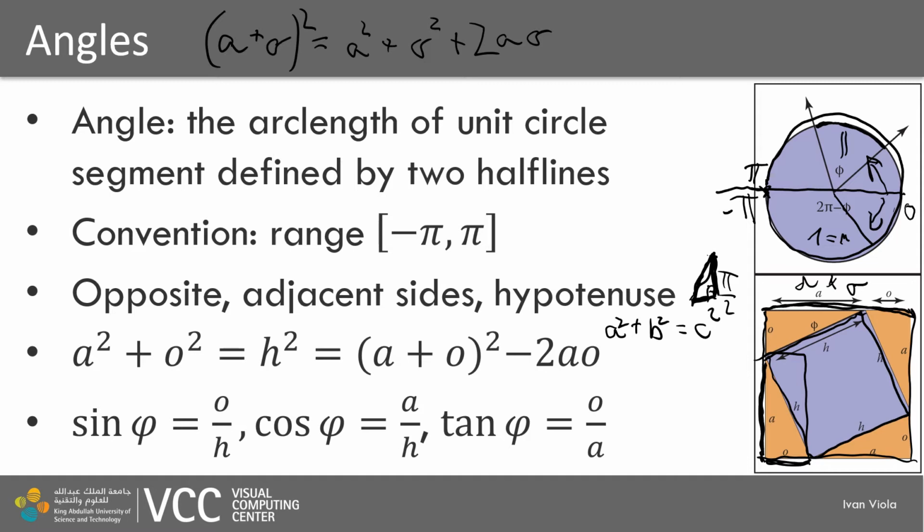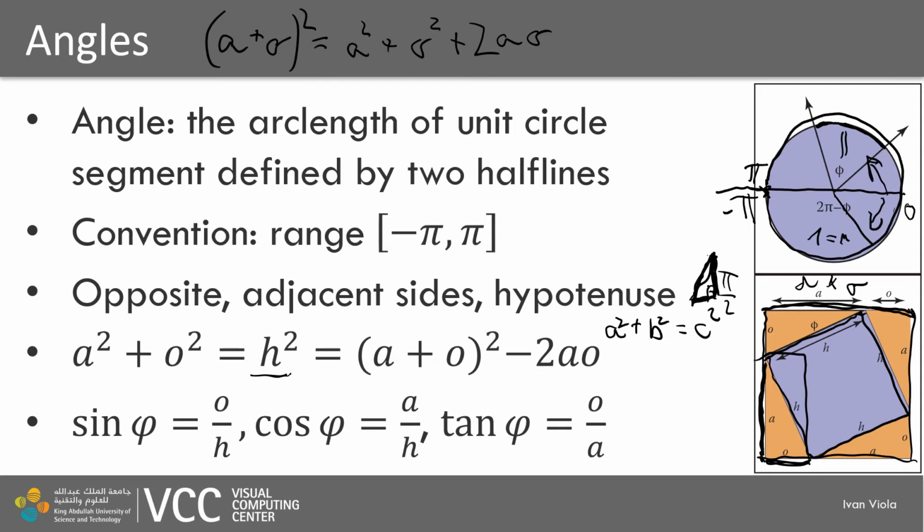So now we can see that if we look at the areas, a plus o squared minus 2ao, so minus 4 of these triangles, is indeed equal to h squared.